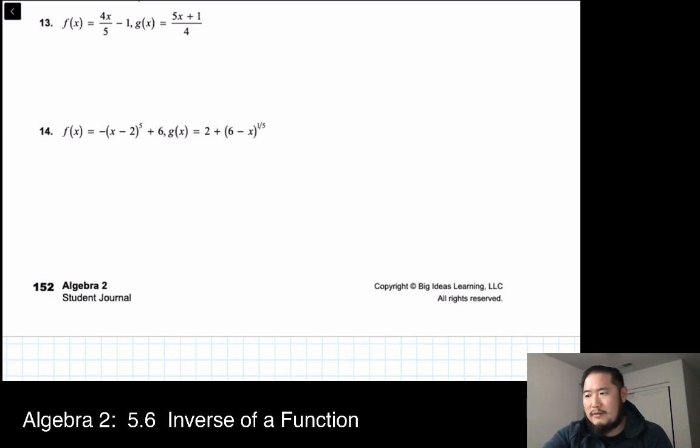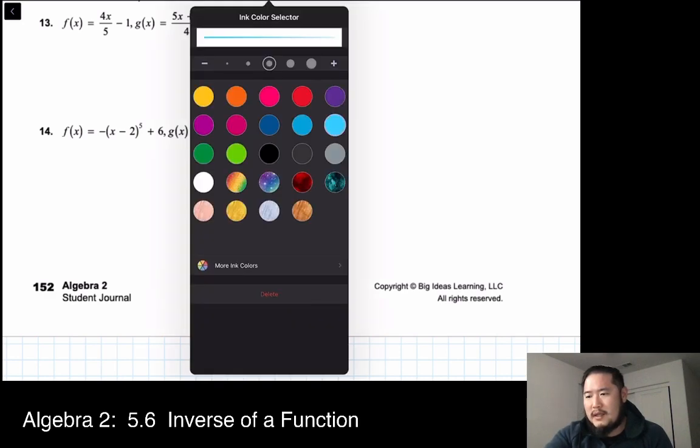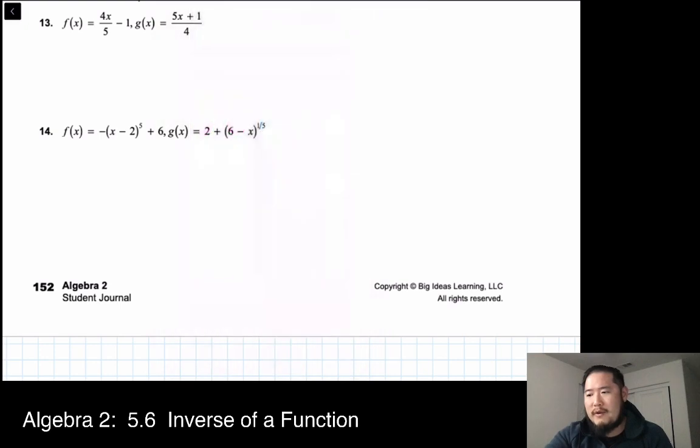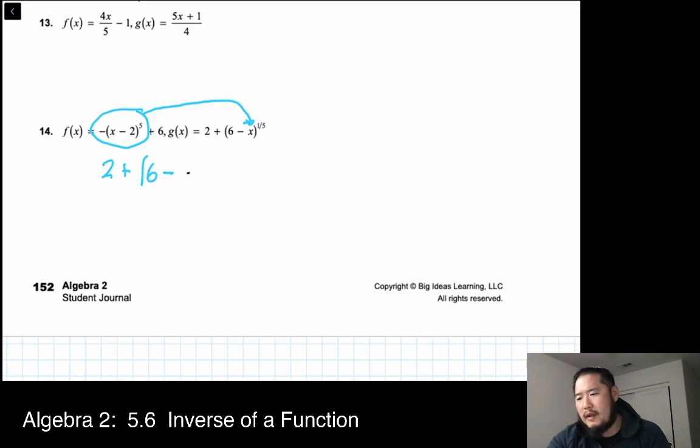To start off, let's take what we have right here and plug that into g of x. So we have 2 plus, and we have 6 minus, and we're going to plug in f of x, which happens to be negative x minus 2 to the 5th power.